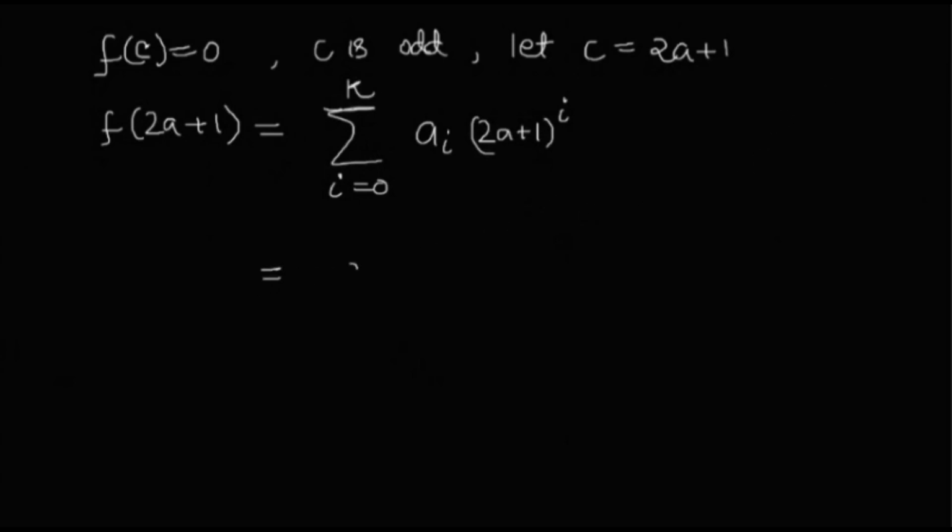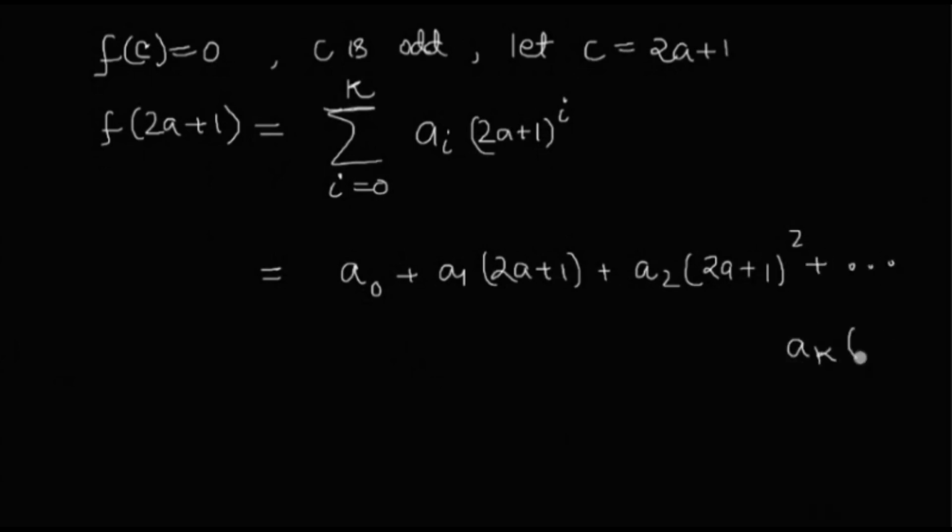This will look like a naught plus a1 times twice a plus 1 plus a2 times twice a plus 1 squared, and the last term will look something like ak times twice a plus 1 to the power k.